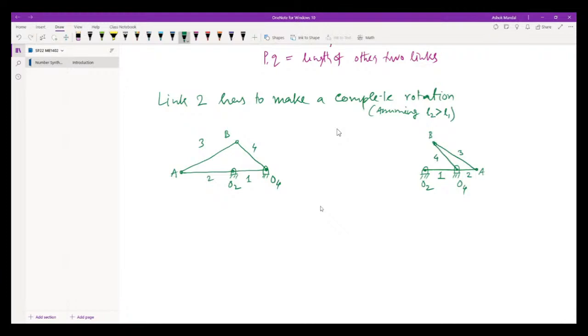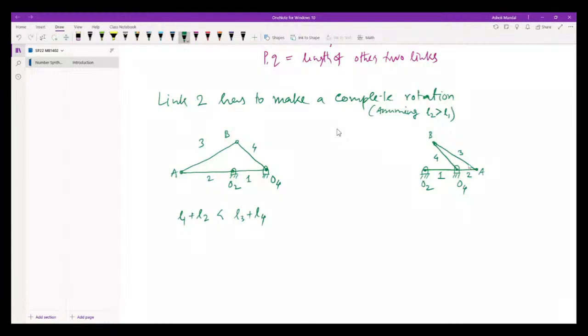So for this triangle here, I am writing one condition, that is L1 plus L2 has to be less than L3 plus L4. Is it fine for this triangle?